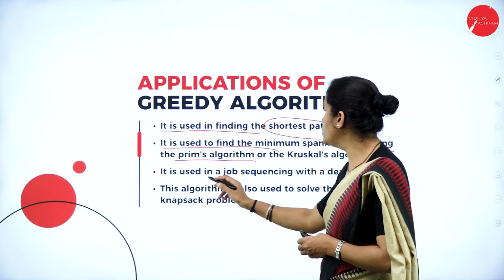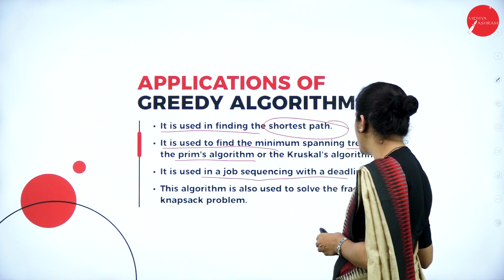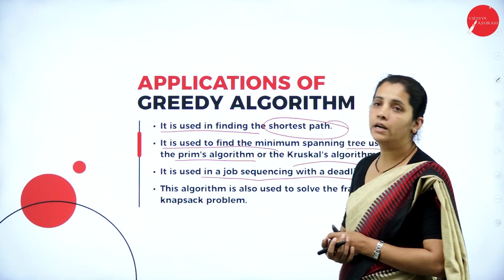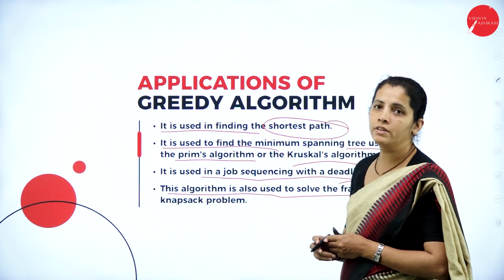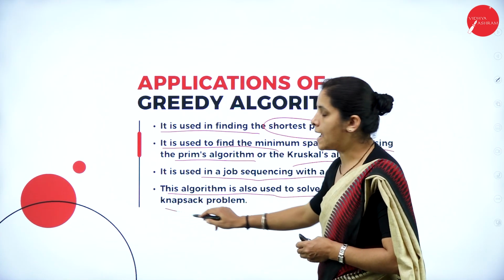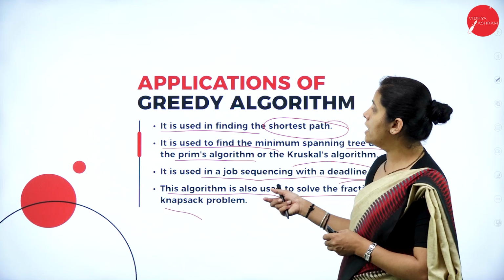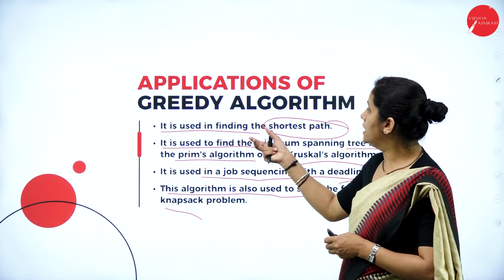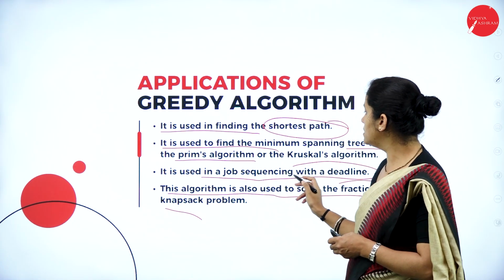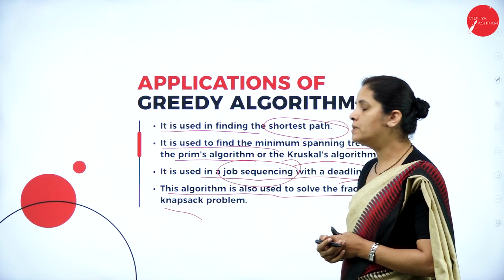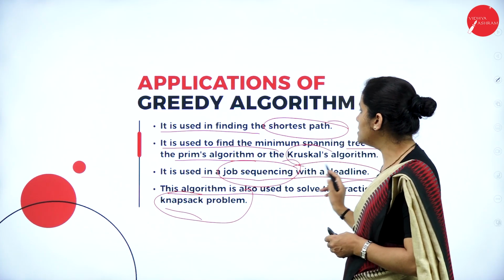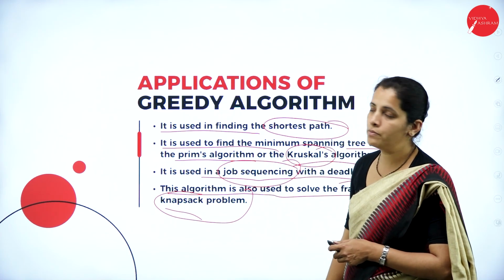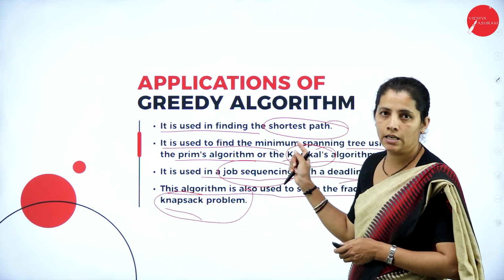It's also used in job sequencing with deadline and to solve fractional knapsack problems. So these are certain areas where we use the greedy technique: job sequencing, knapsack problem, Kruskal's problem, Prim's problem.